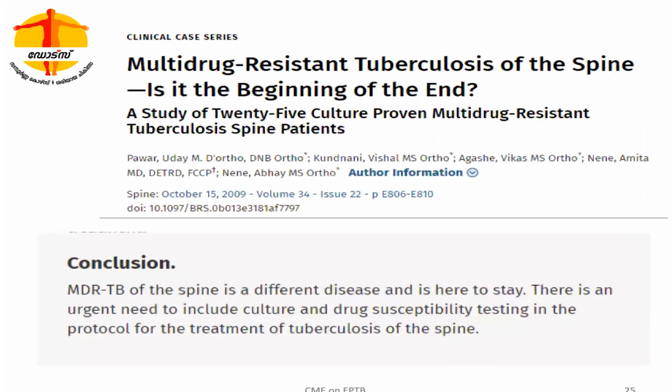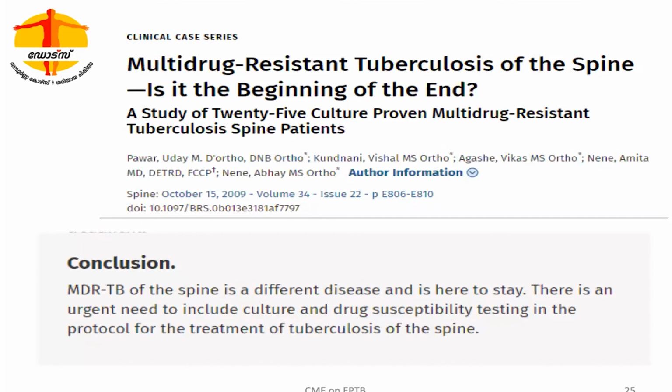So a word about multi-drug resistant tuberculosis in the spine. Multi-drug resistant tuberculosis does occur in spinal tuberculosis, and that has to be positively diagnosed. When the patient fails the treatment, then you have to take samples for microbiological culture, and multi-drug resistant tuberculosis is diagnosed by the microbiological method or by demonstrating the particular genetic loci by appropriate tests.